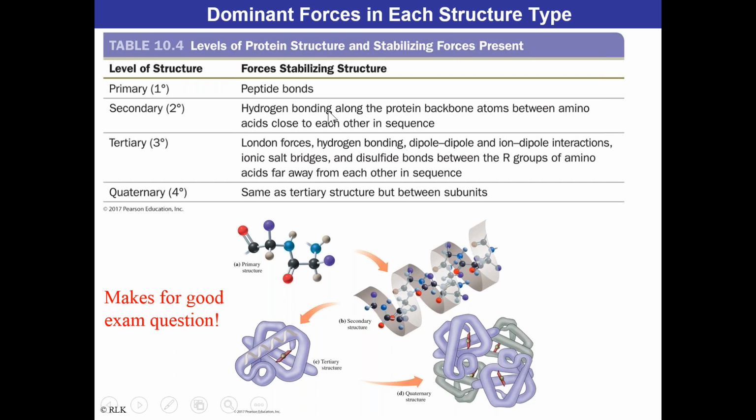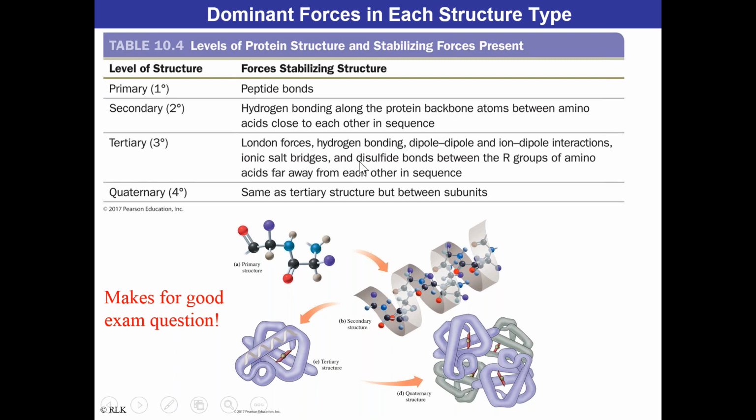Again, we're not paying too much attention to the side groups with respect to the primary structure. And even in the secondary structure, we're still not paying too much attention to those side groups. We're mostly focused on the hydrogen bonding that's occurring along the protein backbone between amino acids close to each other in sequence, okay?